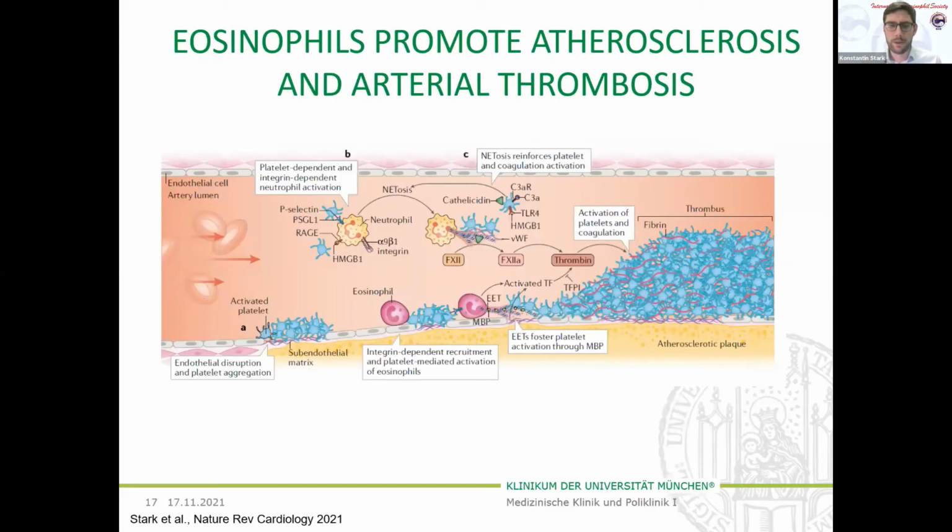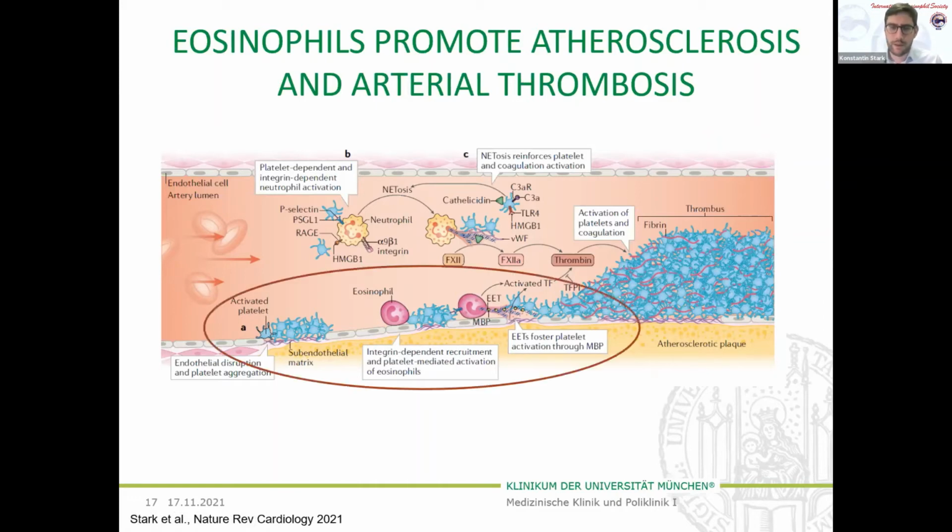In arterial thrombosis, which is a result of atherosclerosis, we see plaque rupture, which then leads to the adhesion and aggregation of platelets. These platelets have several effects on immune cells, not only on eosinophils but also on neutrophils, which also have a thrombostabilizing effect.